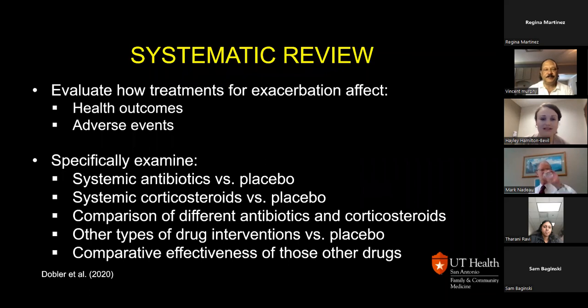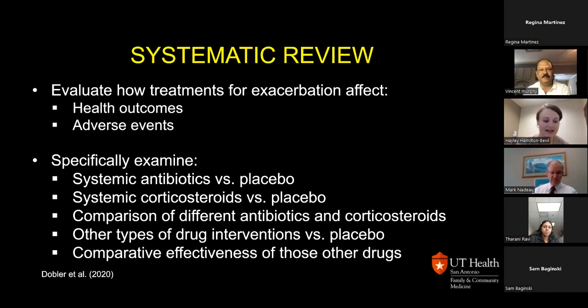So today we're going to be breaking down this systematic review. We're going to talk about how they evaluated treatments for effects on exacerbations, what the health outcomes were, and what the adverse effects of these medications were.